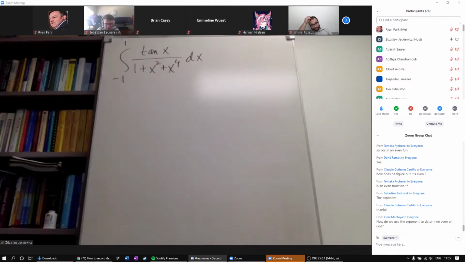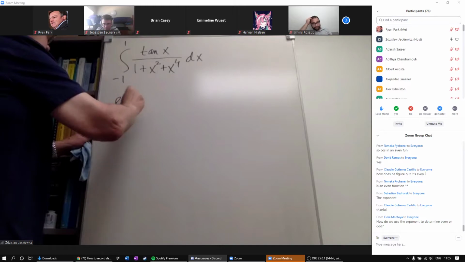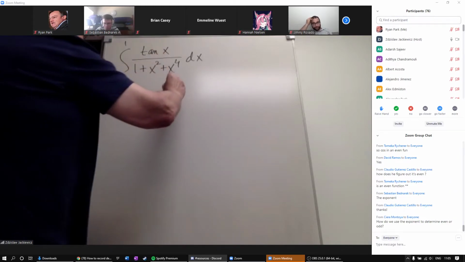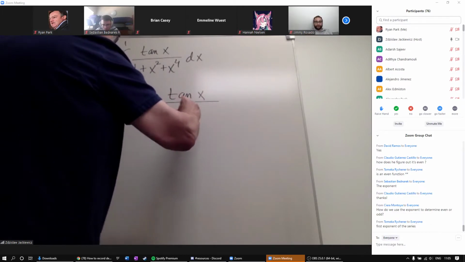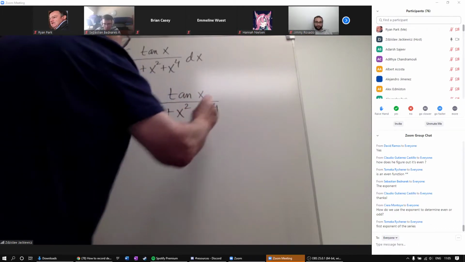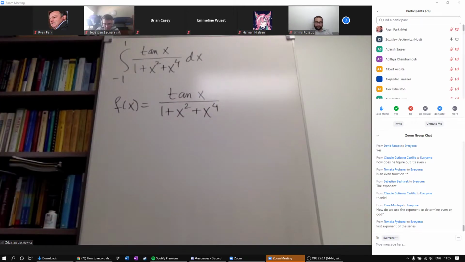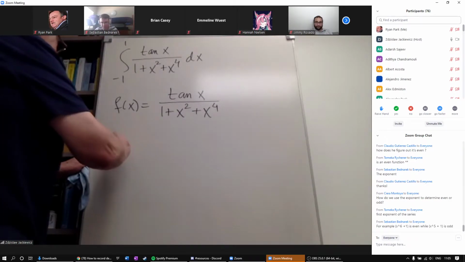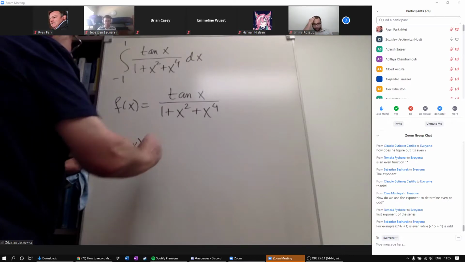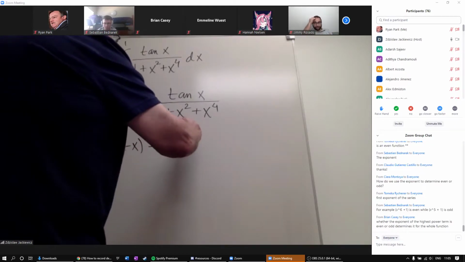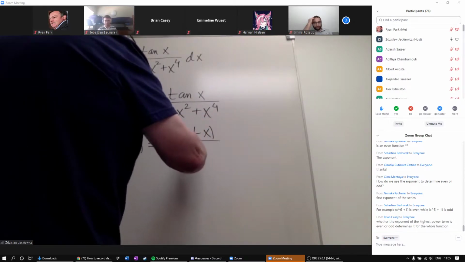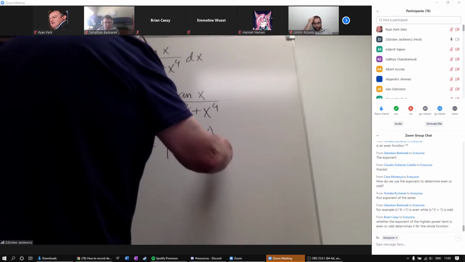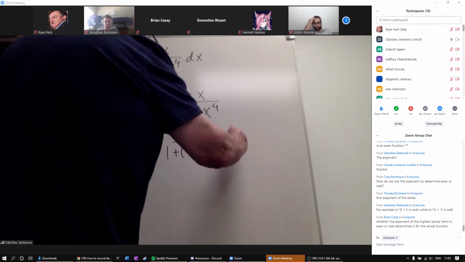So look, function f of x is tangent x over 1 plus x squared plus x to the power 4. Let's compute f of minus x. It's tangent of minus x over 1 plus minus x squared plus minus x to the power 4.